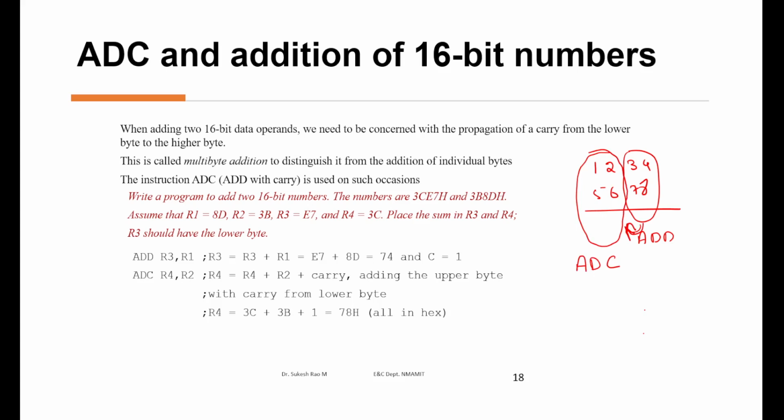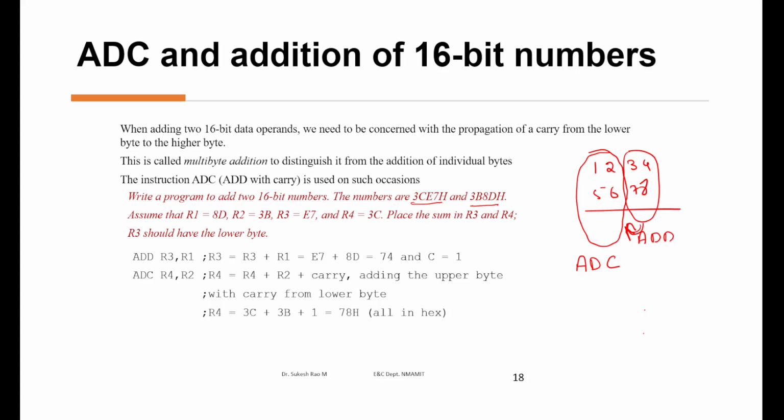If you look at these examples, they show the addition of two 16-bit numbers, 3CE7 and 3B8D, stored in these locations. What I need to do is use these registers.